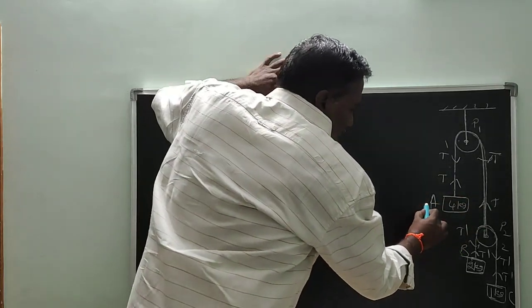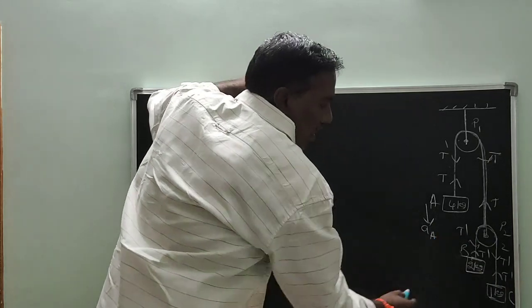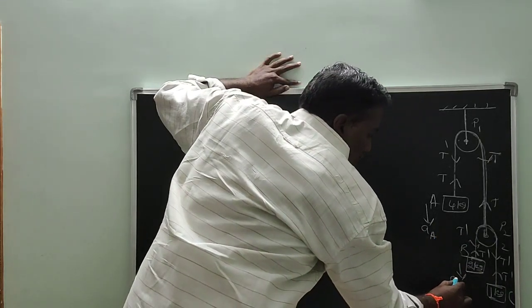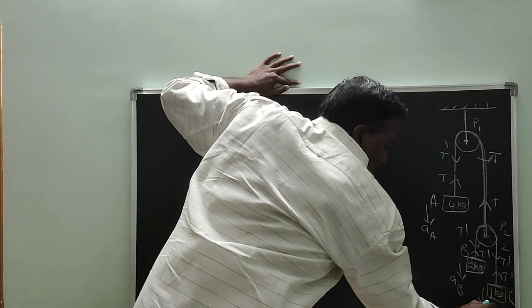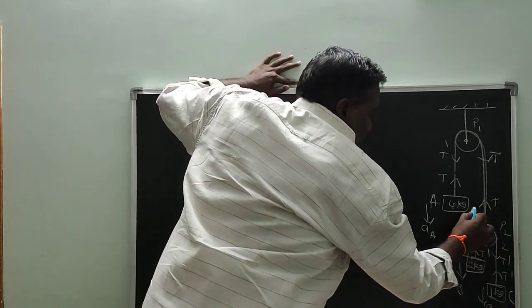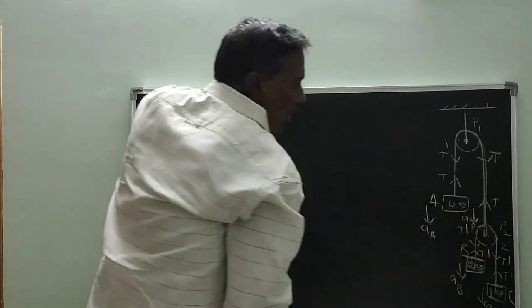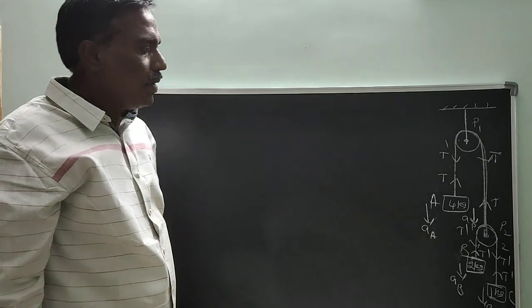Let the 4 kg block move down with acceleration AA, block B move down with AB, block C move down with AC, and the pulley move down with AP.